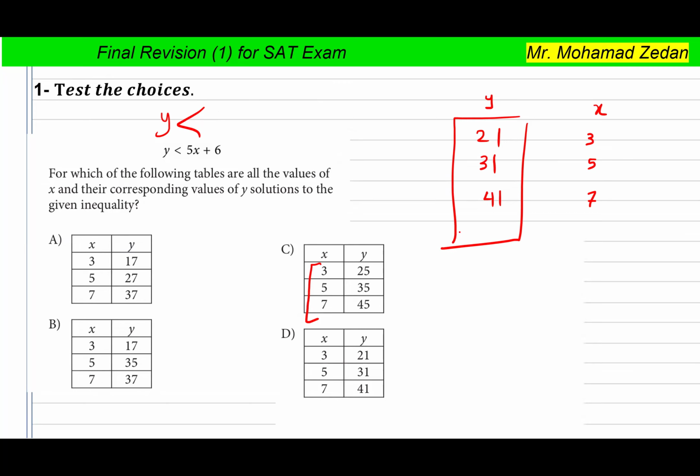Who can tell me? So what I did, I substituted the x part in the right-hand side of the inequality by 3, by 5, and by 7. I calculated the y values. I need the table that y value smaller than all these values. Who can say now, please?